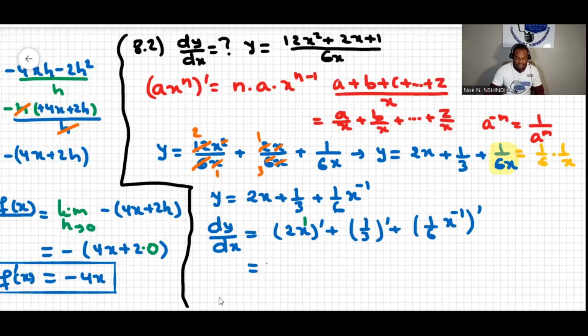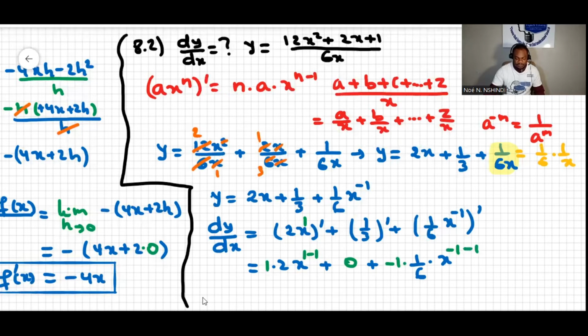It's going to be 1 times 2x to the power of 1 minus 1, and then plus the derivative of any constant, which is just 0. So over here it's going to be 0, and then plus negative 1 times 1 over 6 times x to the power of negative 1 minus 1.